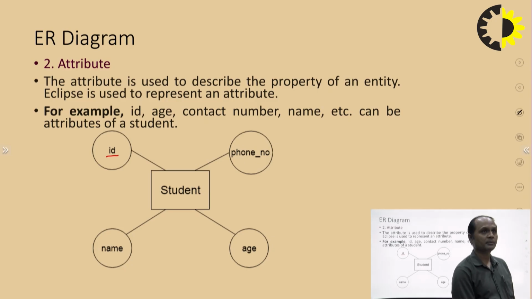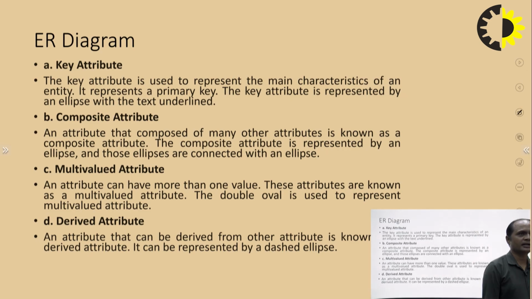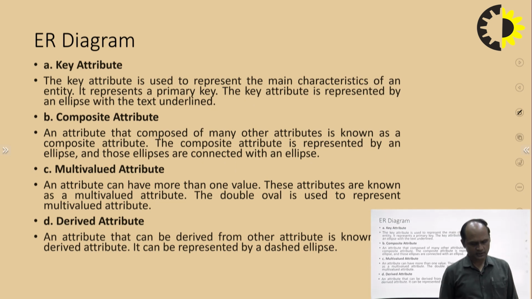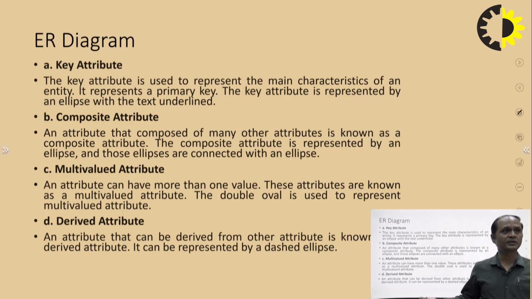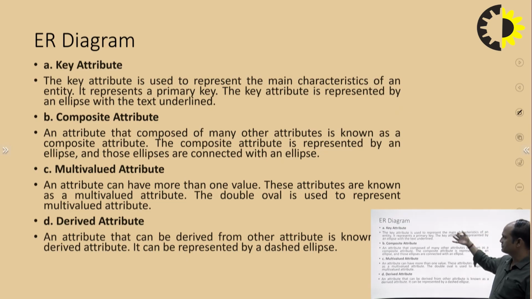The attribute can be divided into four parts that I have already discussed: key attribute, composite attribute, multi-value attribute and derived attribute, and we can mention the definitions over here. The key attribute is used to represent the main characteristics of an entity.